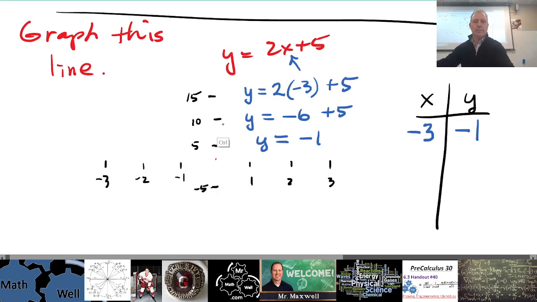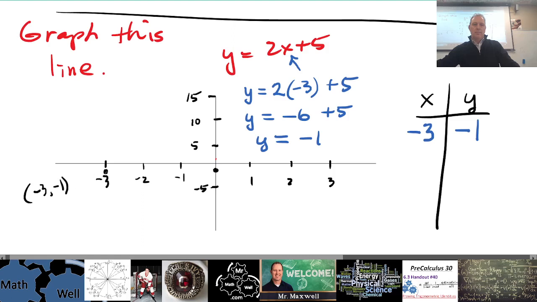I erased my whole graph. Okay, there we go. So -3, -1. The point is roughly about here. Everybody see it? Tough to see when I have that big -3 there, but I'll put -3 up there. Okay, so that's it right there.